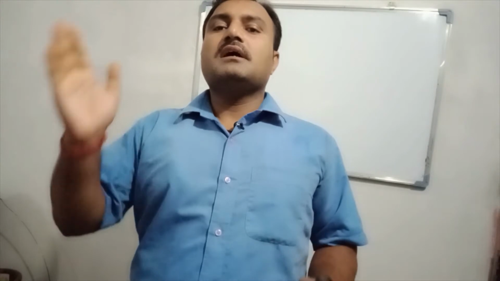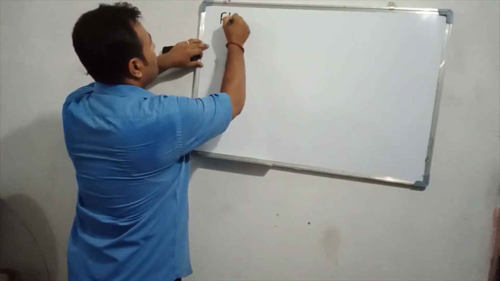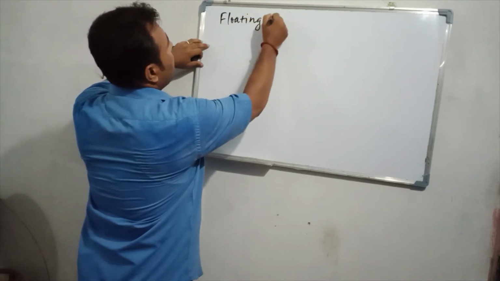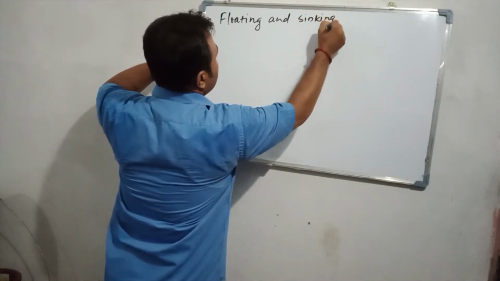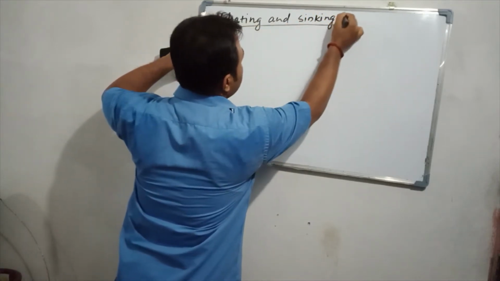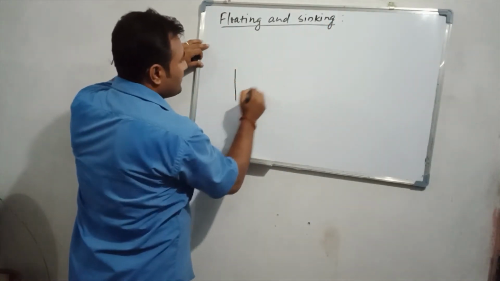As we know, when an object has less density than the liquid, it floats. And when an object has more density than the liquid, it sinks. Floating and sinking of objects can be described by taking an example.